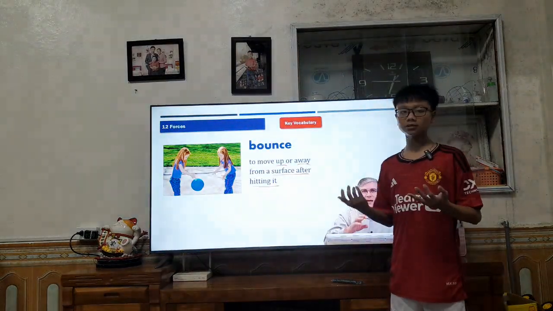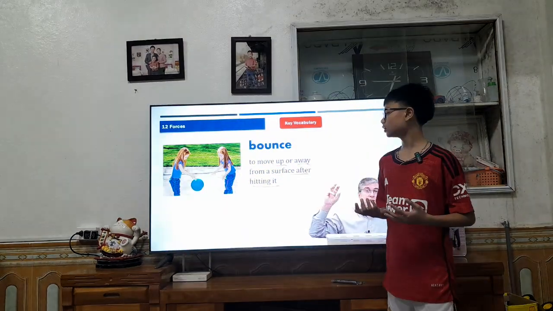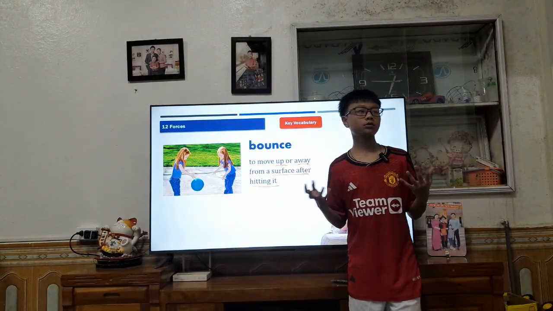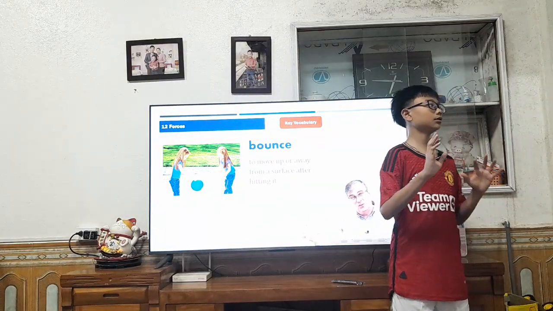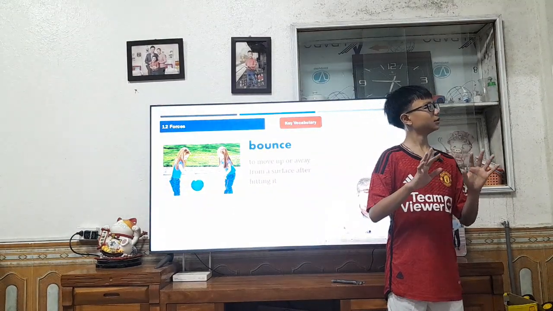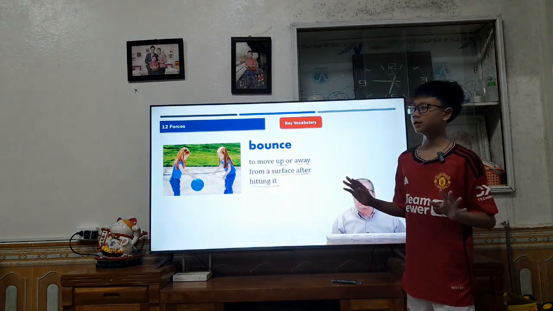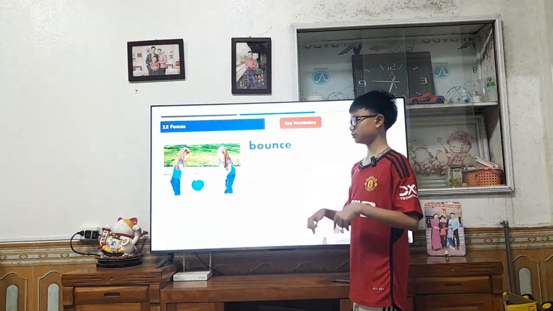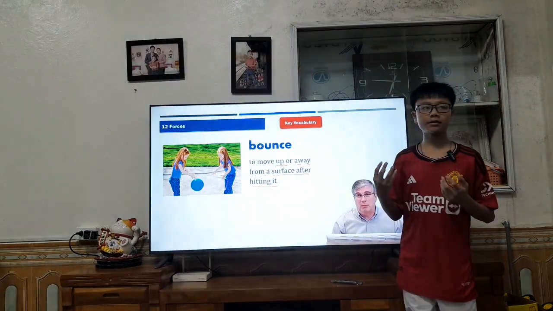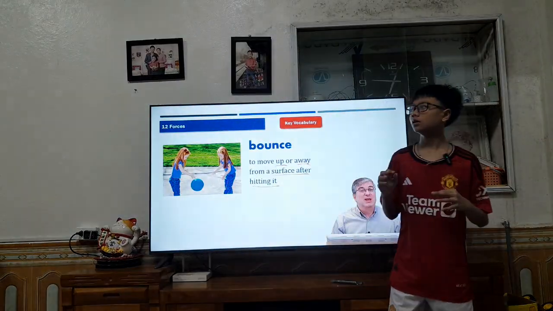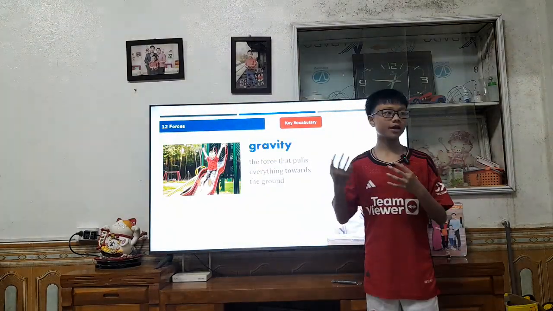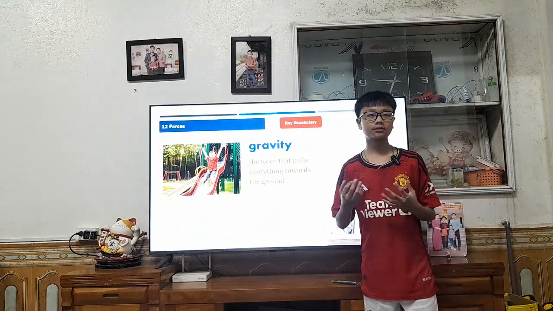When we throw a bouncy ball at a surface, it bounces back, and the force that it makes is less than the force that it makes when it hits the surface of something.